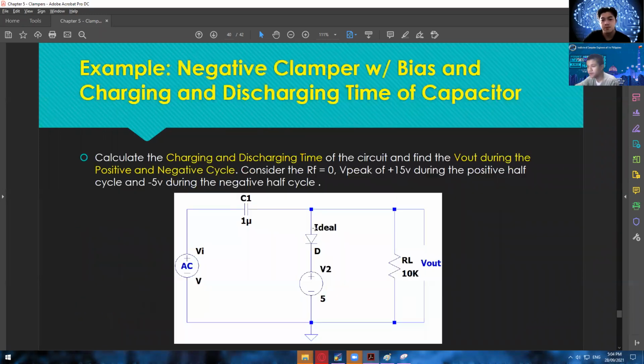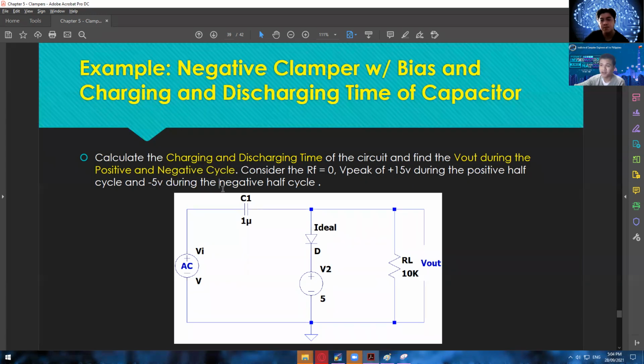Anyway, in here we consider RF equal to 0, so we don't have bulk resistance. The V peak, or the VI, is 15 volts during the positive half cycle and negative 5 during the negative half cycle.